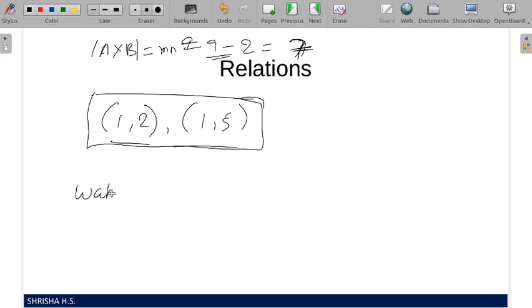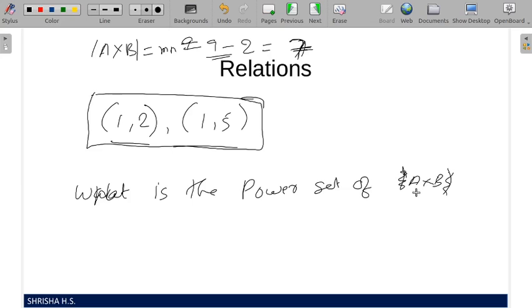So the question now boils down to this: what is the number of elements in the power set of A cross B minus 1 comma 2 and 1 comma 5?